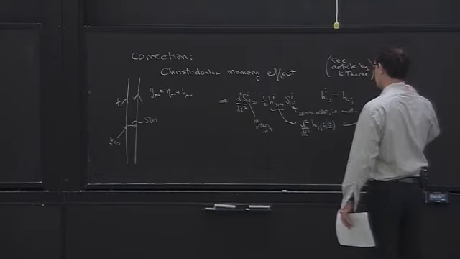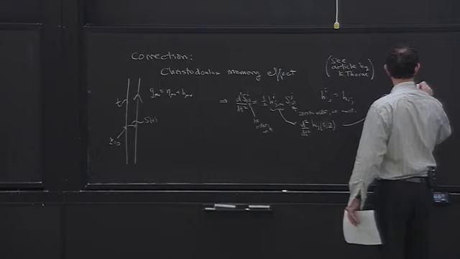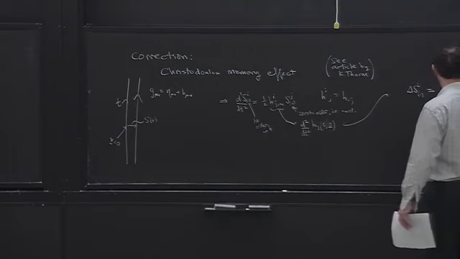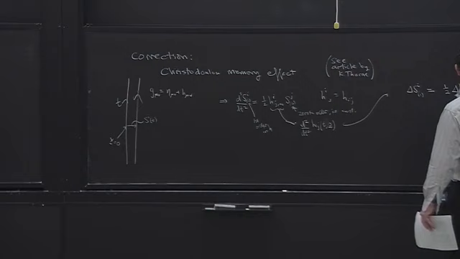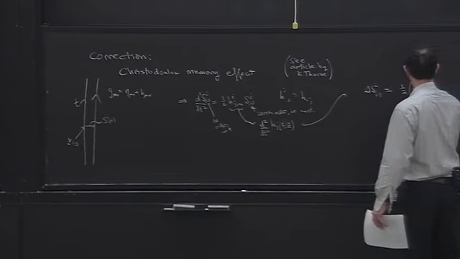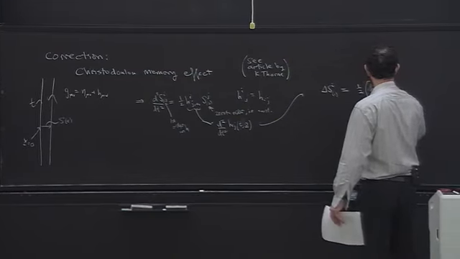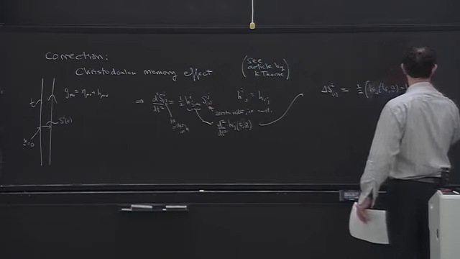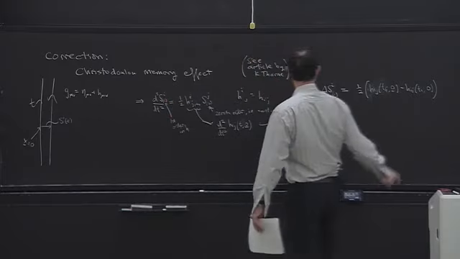Integrate it twice, and you will get that the change of s^i_1 is equal to one half the change in h_ij, let me write it out explicitly: h_ij(t_f, 0) minus h_ij(t_i, 0).